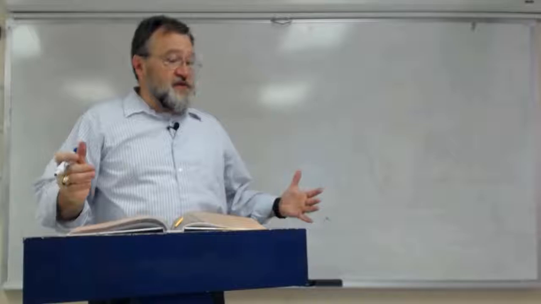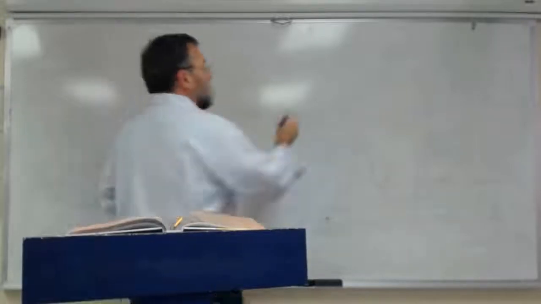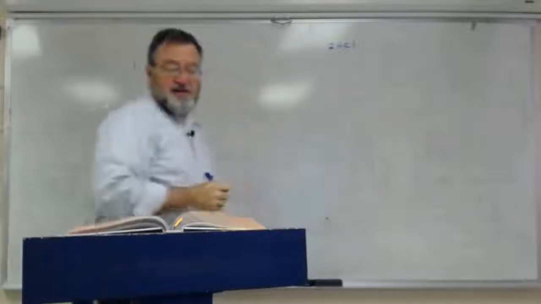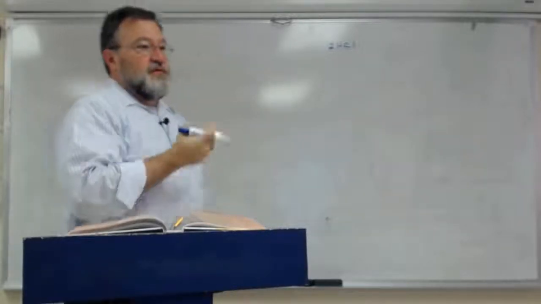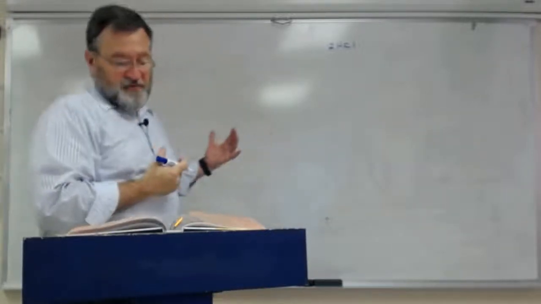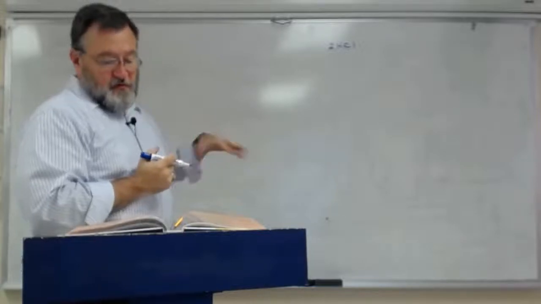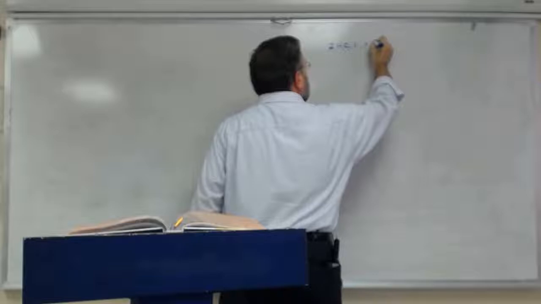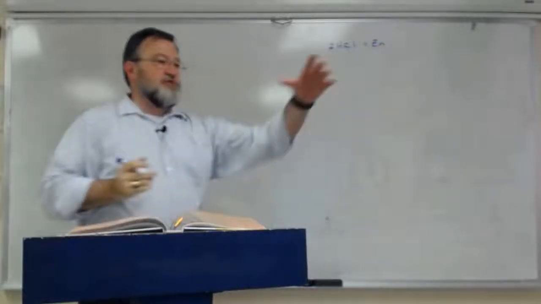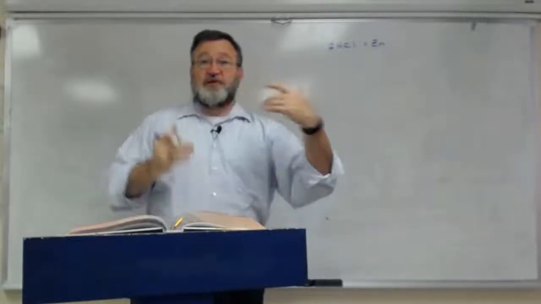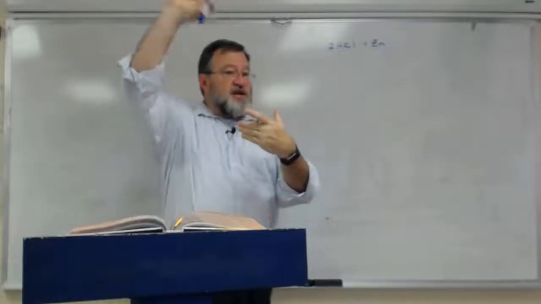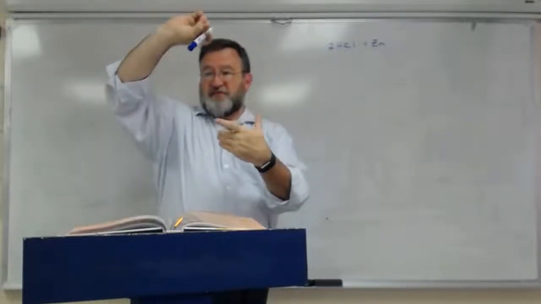You're given a balanced reaction equation of 2 hydrochloric acid, aqueous, so it's in a solution, plus zinc solid. I'm going to drop the phase symbols right now. So you've got hydrochloric acid in a solution. It's diluted, it's aqueous, and you're going to shake solid zinc into it. That's what's happening here.